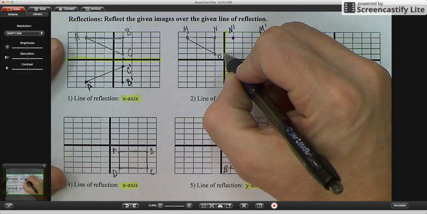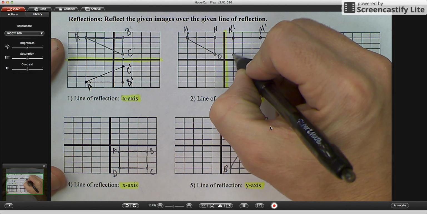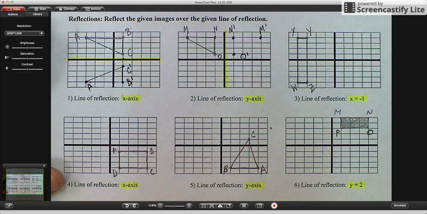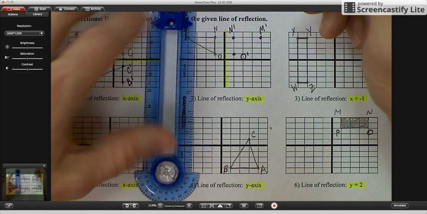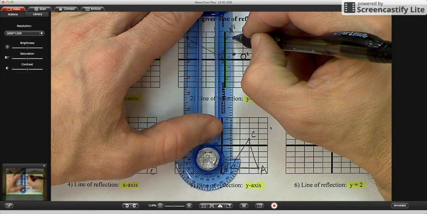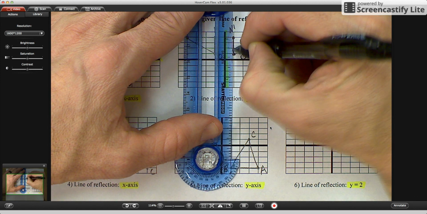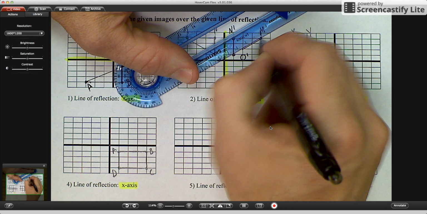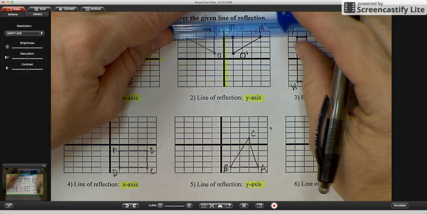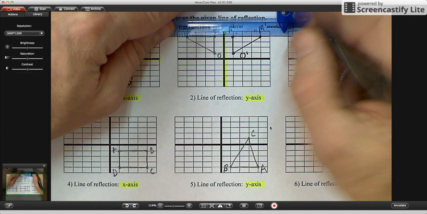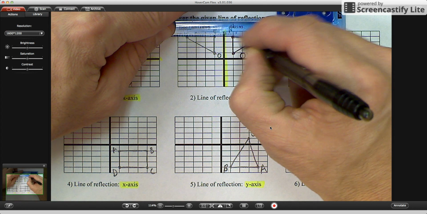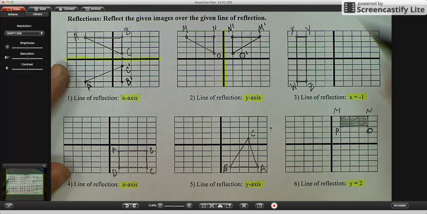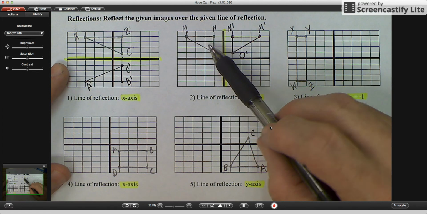O is 1 unit away from the line of reflection, so 1 unit in this direction. O prime. Okay? And again, I'm going to connect vertex N with O, vertex M with O, and vertex N with M. And our images, our triangles, have been reflected.